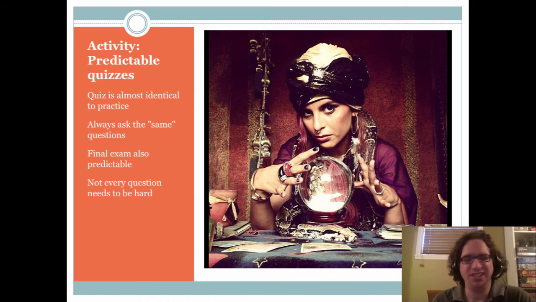Next activity, predictable quizzes. I sort of tried this in an ad hoc manner. In my first quiz, we had seen 4 periods: the early Middle Ages, the late Middle Ages, the Renaissance, and the 17th century. One of my goals with my course was that I really wanted my students to know what the Middle Ages are, when they are, what the Renaissance is, when it is, what order these periods are in, and roughly what centuries they're in, so that they leave my class knowing the major periods of Western history.